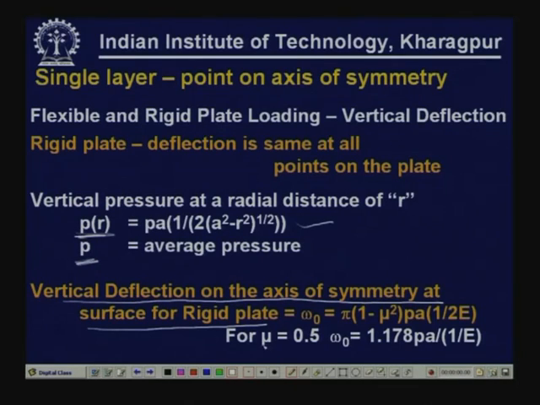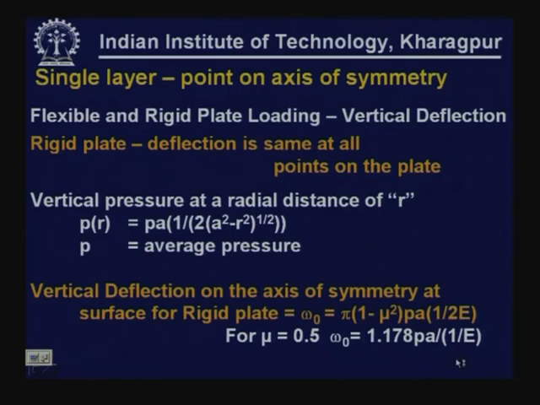If we assume the Poisson ratio value to be 0.5, the surface deflection simplifies to 1.178 Pa by E. Normally, we approximate this to 1.18 Pa by E. So, this is again another very convenient expression. We will see how we can make use of these two expressions, one for rigid plate, another one for flexible plate.